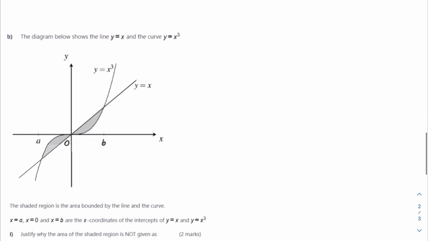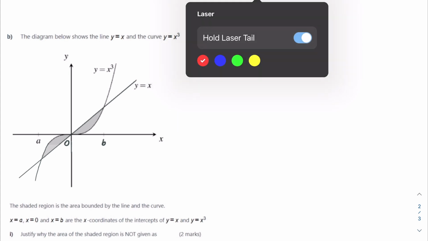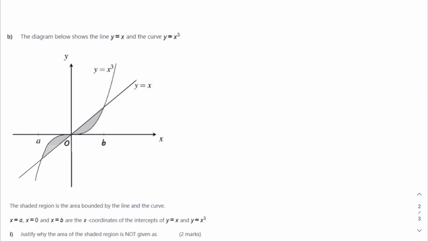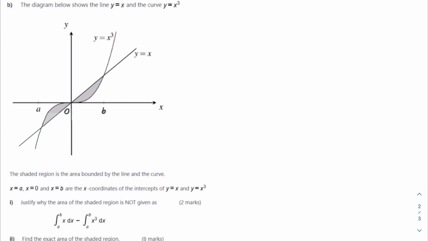Now the question then goes on to say there's a separate pair of functions. So we've got a cubic and a straight line, and there's a shaded region between them. So we've got this area shaded, and there's some point A and B where the two lines meet, or the two curves meet, and they're saying justify why the area is not the difference of these two integrations.